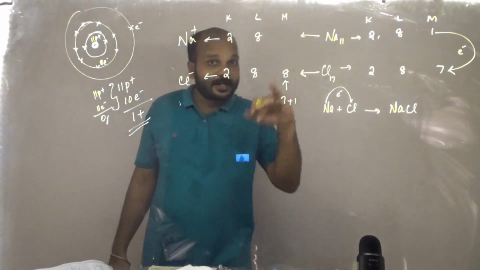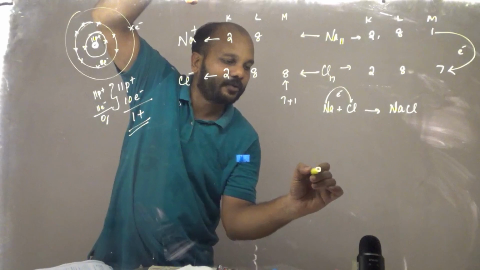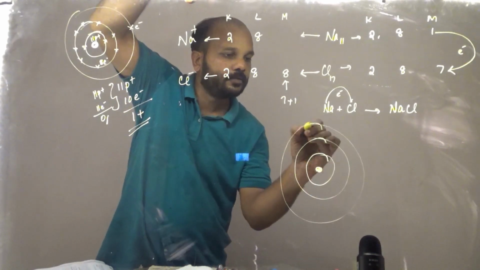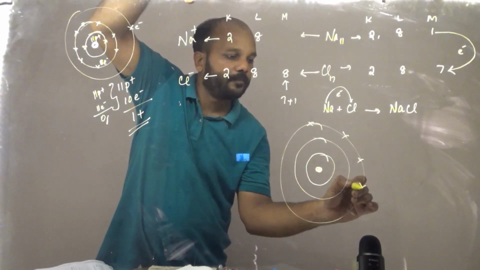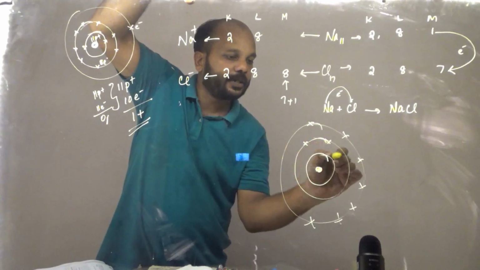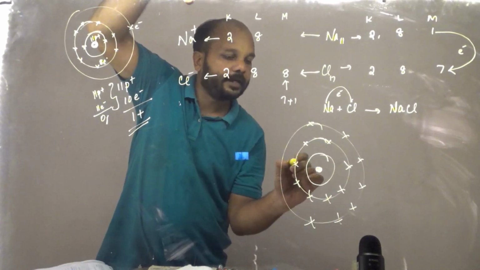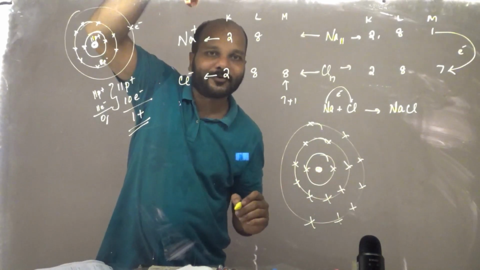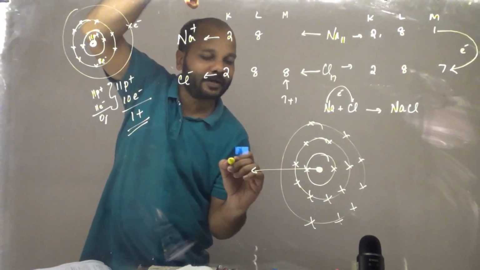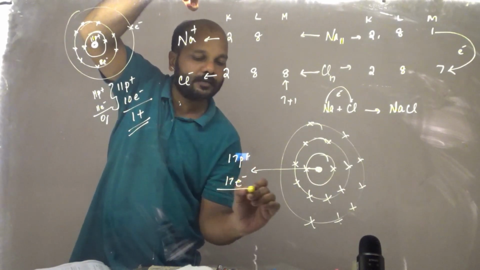On the other hand, for chlorine, I will draw here. So 2, 8, 7: 1, 2, 3, 4, 5, 6, 7. Then the second shell, 1, 2, 3, 4, 5, 6, 7, 8, and the K shell has 2 electrons, right? Now for chlorine, it is 17 positive charges and 17 negative charges, so ultimately 0.